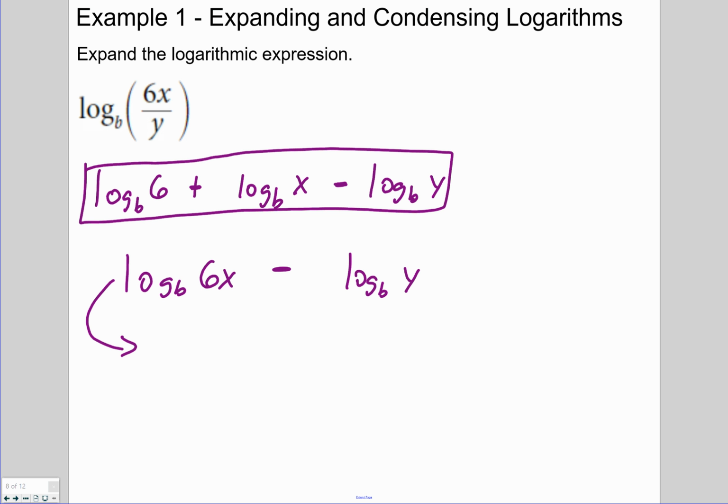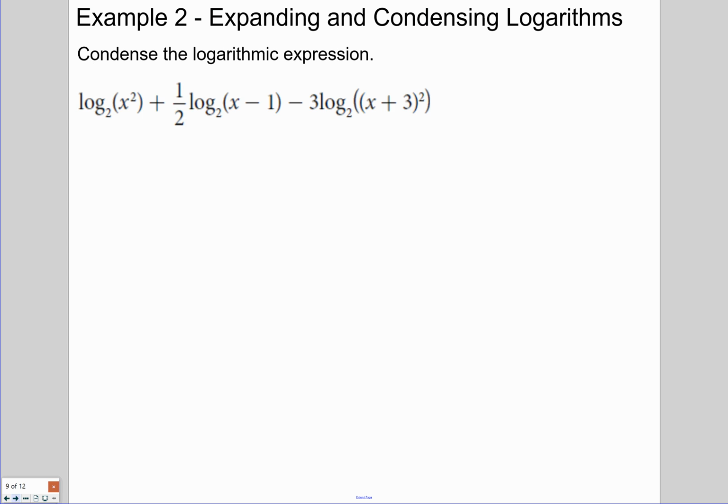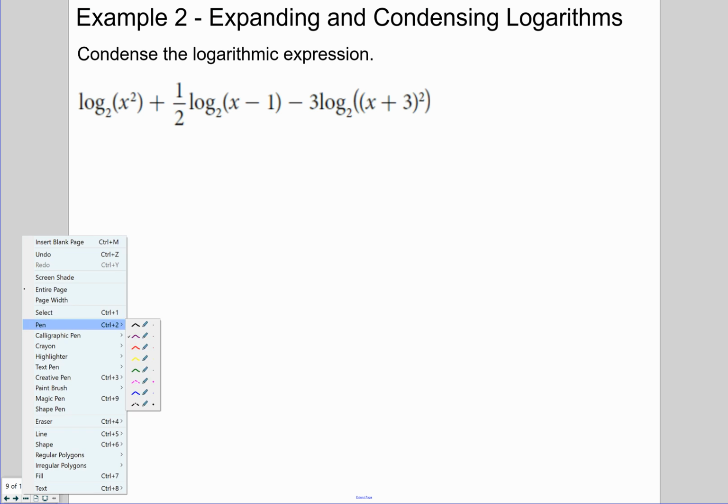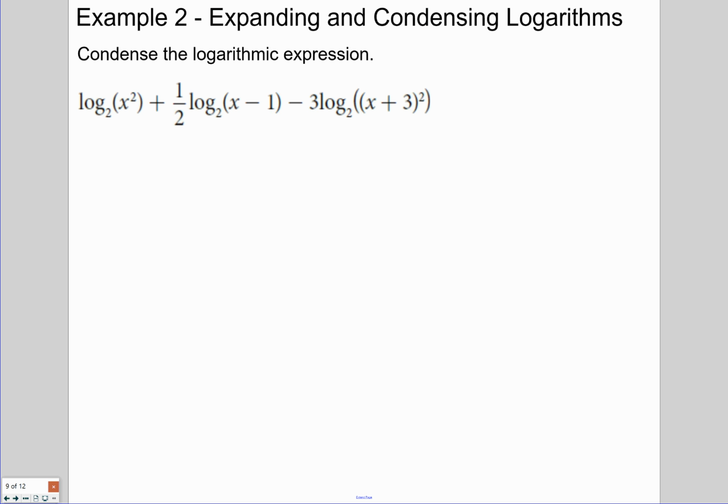Everybody good with expanding? Yeah. Now let's do condensing. Let me know when you're ready. Okay. All right. So when I look at this one, I'm going to have somebody read it. It's more fun to read it. Let's go, Gilberto.